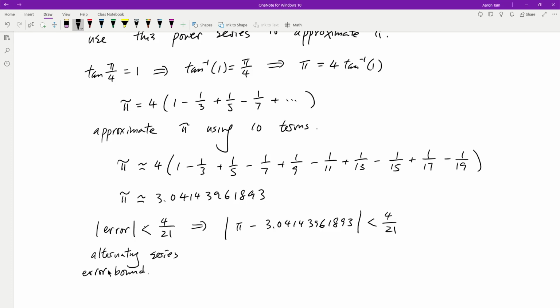That will be the error bound. So if you simply subtract 3.0418396189 from pi on your calculator, you'll find that the difference should be less than 4 over 21, whatever 4 over 21 is.